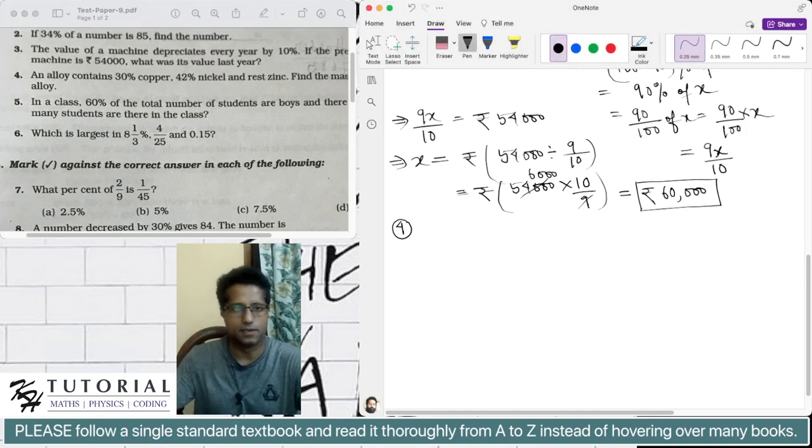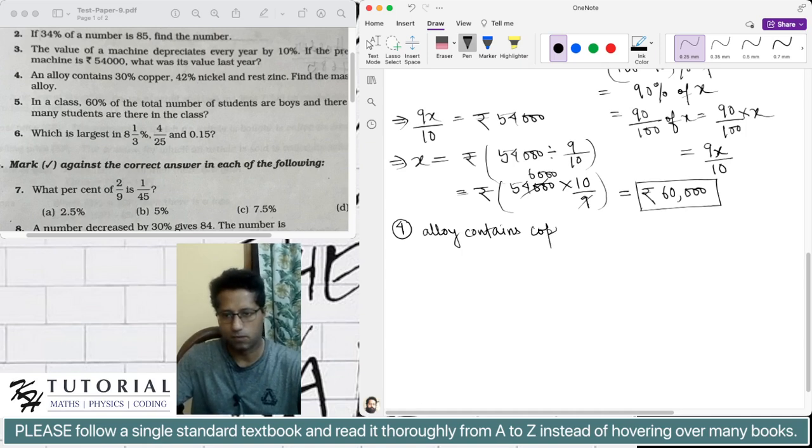We know that the alloy contains copper. The total alloy is made up of copper, nickel and zinc.